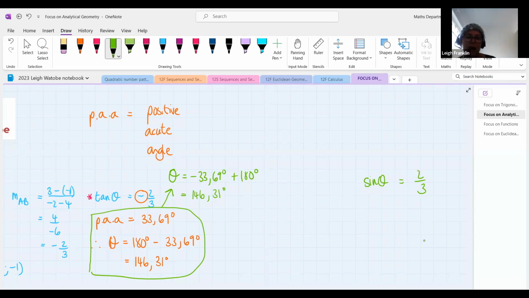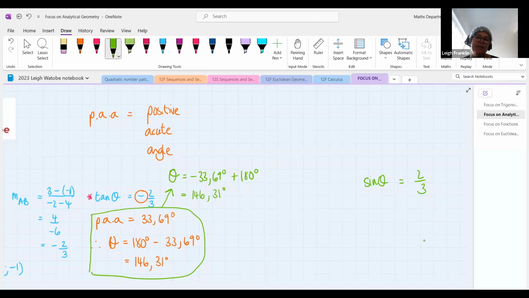You're going to have one solution in the first quadrant where your solution is the same as your PAA or your reference angle. Does that make sense to you? And then you're going to have another solution in the second quadrant where you're going to have 180 minus your PAA, or 180 minus your reference angle.